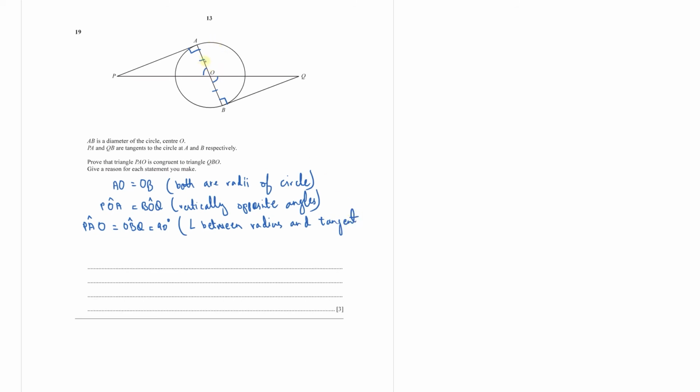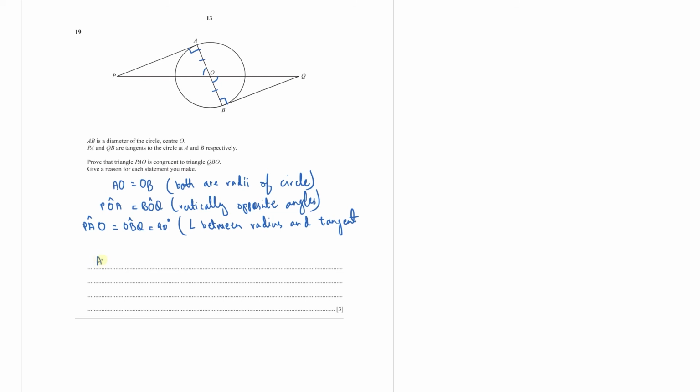So we have two angles here that are equal and two angles here that are equal. Both are 90 degrees. And then we have a side in between those angles, which is also equal. So this basically means that we can prove that these two triangles are congruent by the AAS congruence test, which is basically two angles and their corresponding side are equal. Then if that is true, then the two triangles are equal.